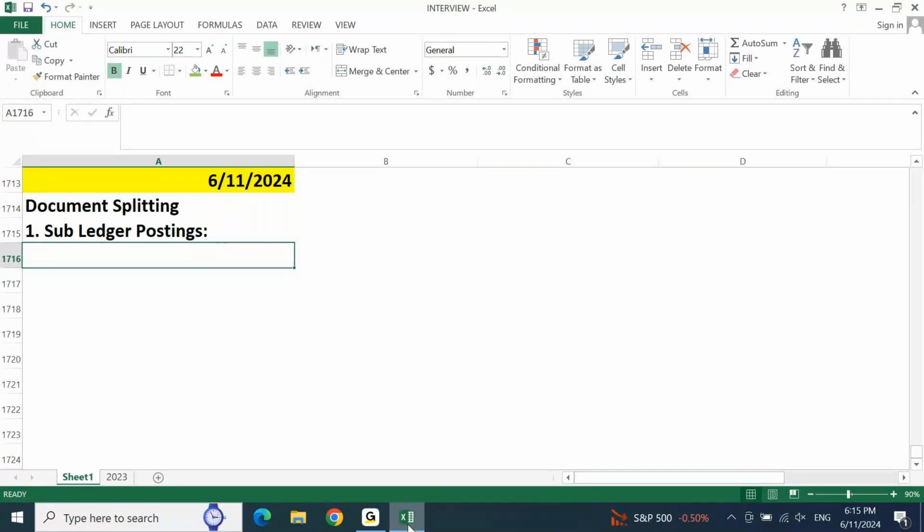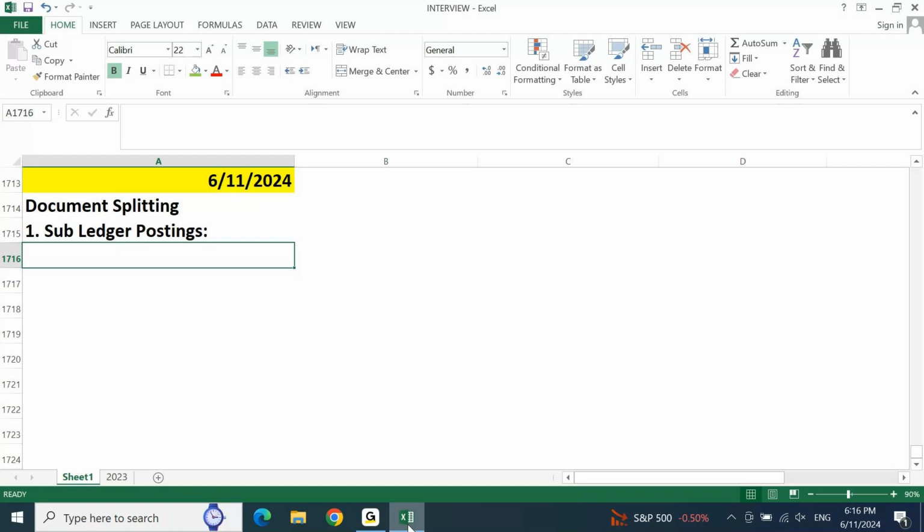In short, when you're talking about subledger posting, for any subledger that you take, the account assignments are not available, especially profit center and segment. Business area is an exception. Keep business area aside for the time being. Whenever you're talking about document splitting, strictly keep in mind profit center and segment.